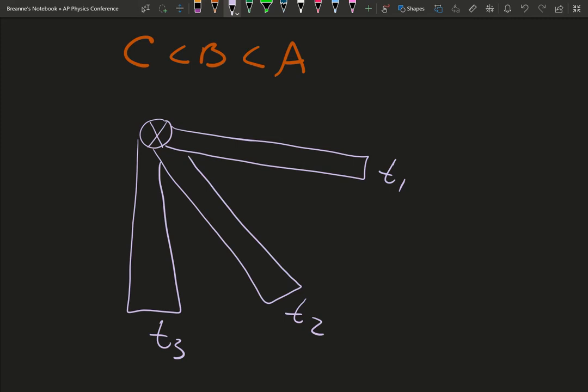So again, kind of your explanation. Once the cable breaks, the only torque on the sign is the torque from gravity. So the only thing that's making it move is the force of gravity. This torque is responsible for the acceleration of the sign.